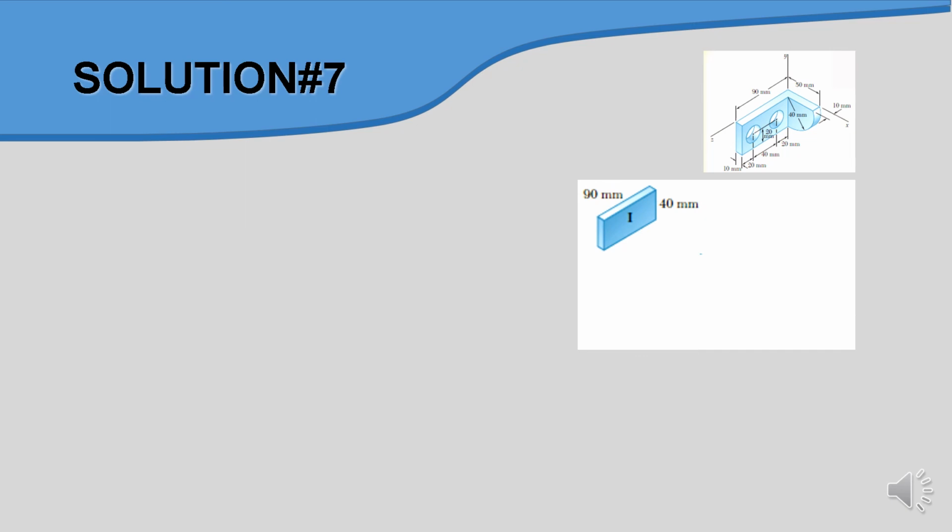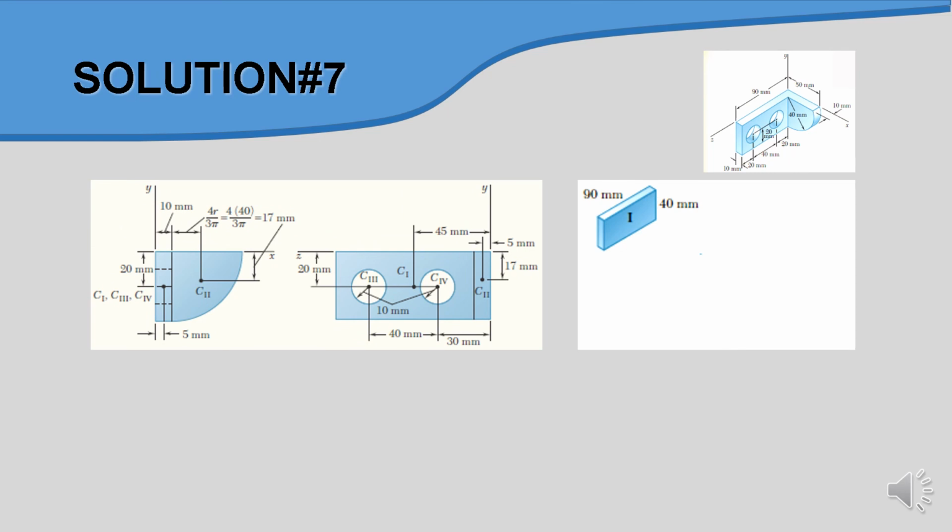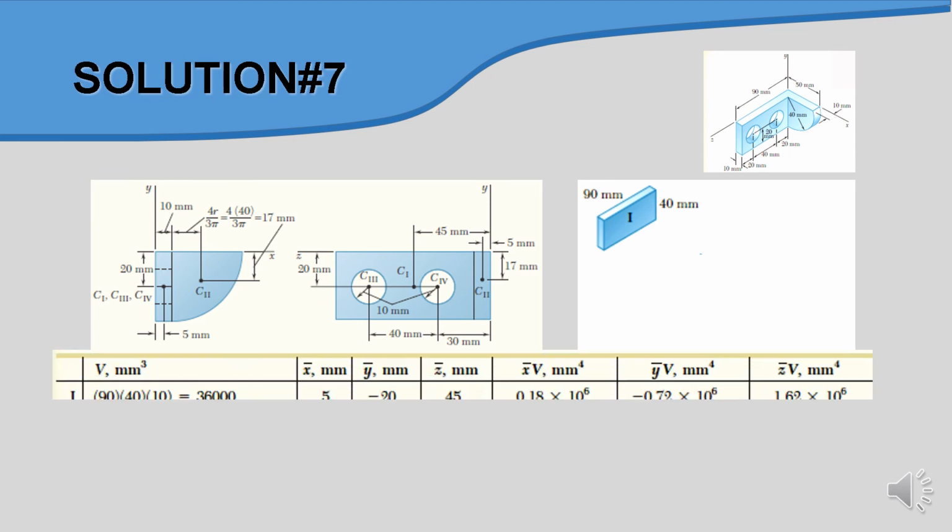So in this case, we have shape number 1. Okay, and then this is the shape in detail. So we will proceed to use a table to evaluate shape number 1.